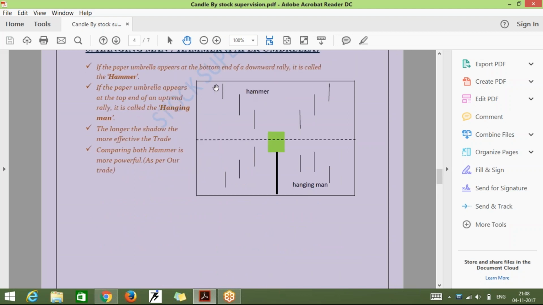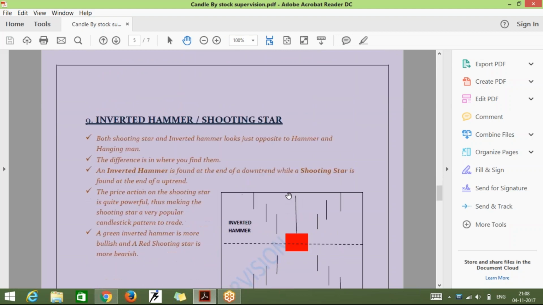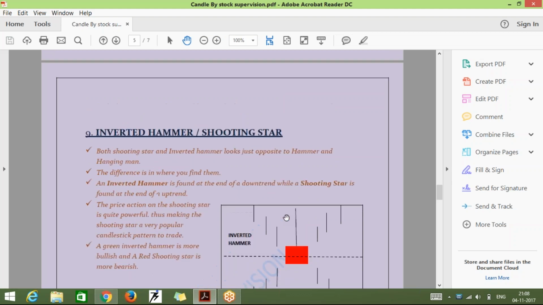A hammer is also found in a downtrend, and here you can see an inverted hammer is also found in a downtrend. So the work of hammer and inverted hammer is almost similar. An inverted hammer is found at the end of a downtrend, while a shooting star is found at the end of the uptrend.